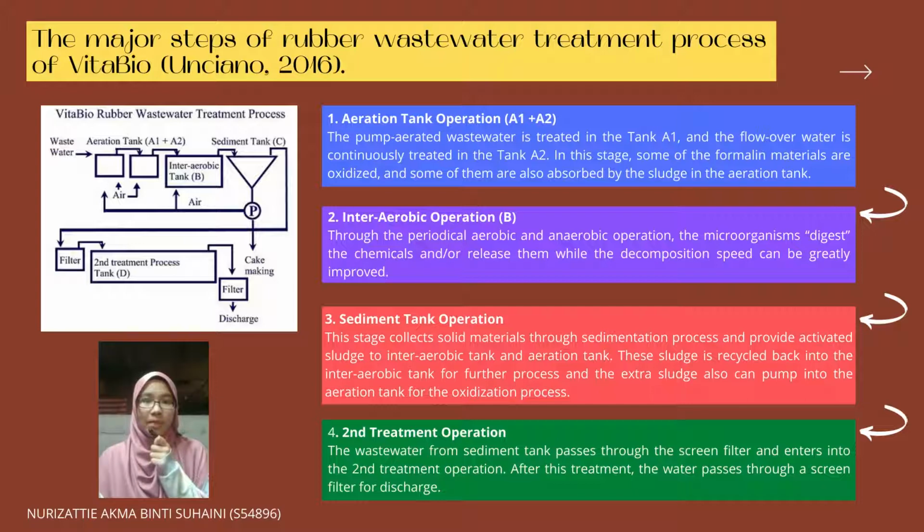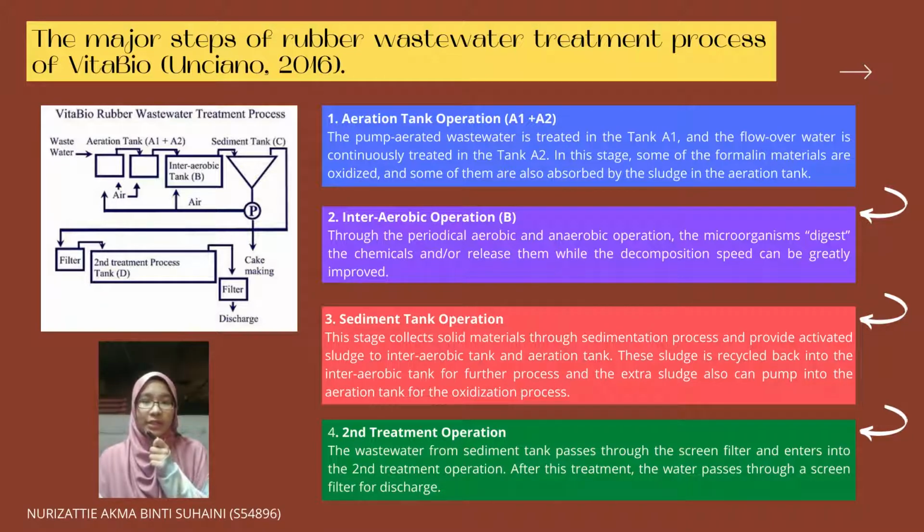Firstly, the pump-aerated wastewater is treated in tank A1 and the overflow water is continuously treated in tank A2. In this stage, some of the formalin materials are oxidized and some of them are also absorbed by the sludge in the aeration tank.